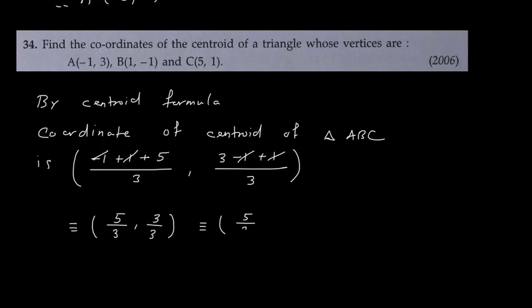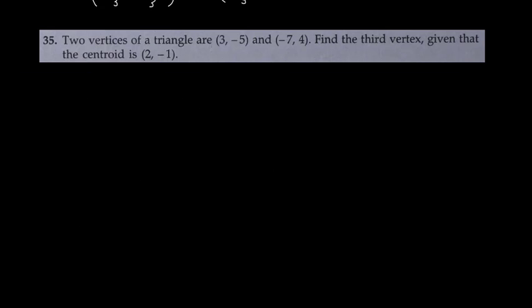34th question. Two vertices of a triangle are 3, minus 5 and minus 7, 4. Find the third vertex given that the centroid is this. So here this is A, B, C. Two coordinates are given.